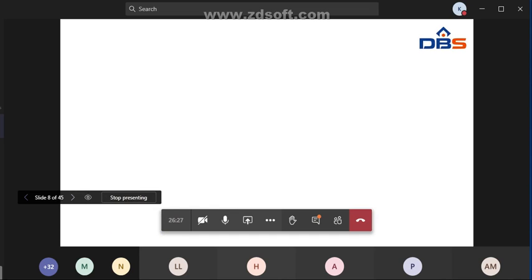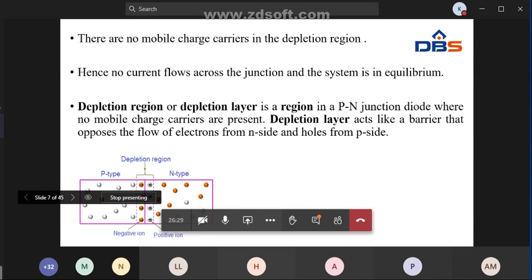Next, there are no mobile charge carriers in the depletion region. So these are immobile. That's why no current flows across the junction. At the depletion region there is no current flow, right? Because there are no mobile charge carriers.